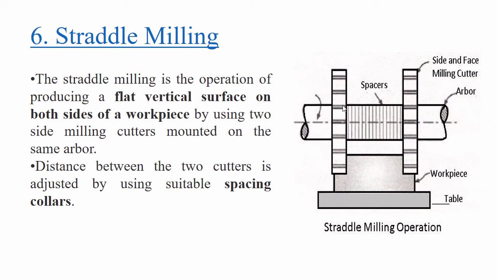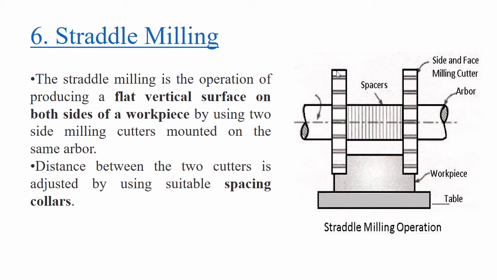Between these two slot cutters there is a spacer, which is equal to the distance needed for a proper cutting action to take place. One more thing: the diameters of the two cutters that you have used must be equal, meaning they should be of the same diameter if you are making use of straddle milling.